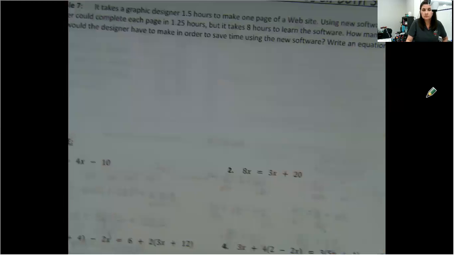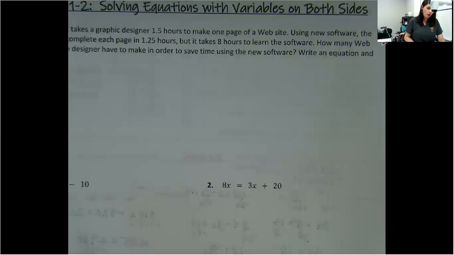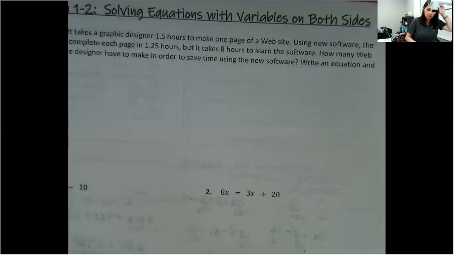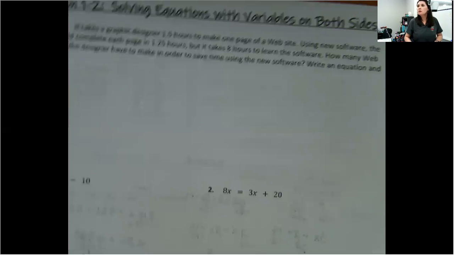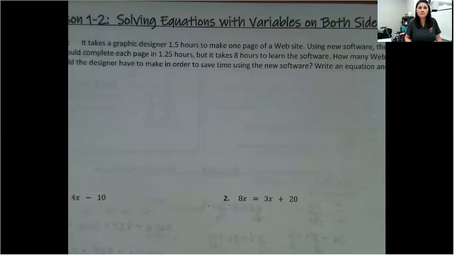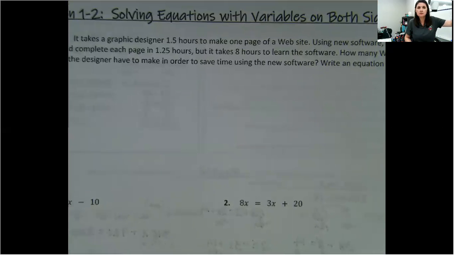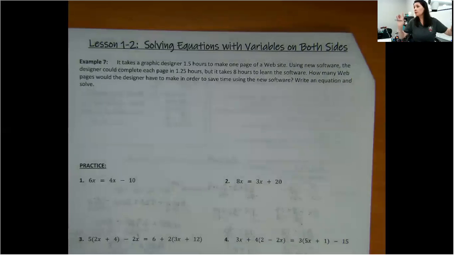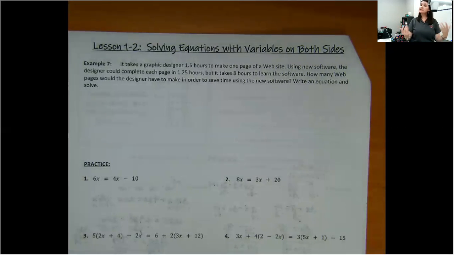So we're going to do one word problem and then I'm going to have you practice. It takes a graphic designer 1.5 hours to make one page of a website. Now this designer wants to buy some software that will shorten the time.